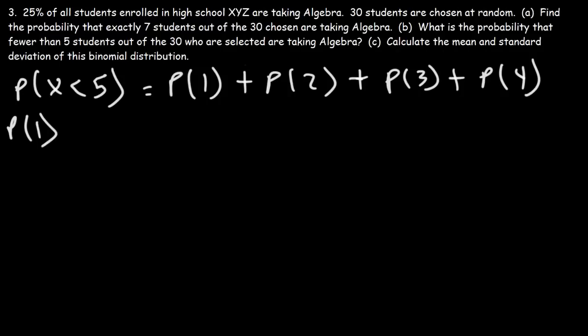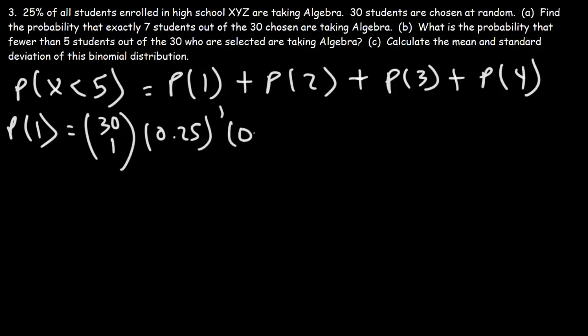So let's find the probability that exactly 1 student out of the 30 chosen at random is taking algebra. So n is going to be 30, x is 1, p is still the same, 0.25. So it's 0.25 raised to the x, which is 1, q is the same, 0.75 raised to the n minus x, or 30 minus 1, which is 29.